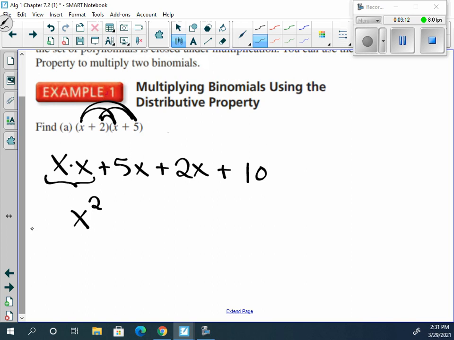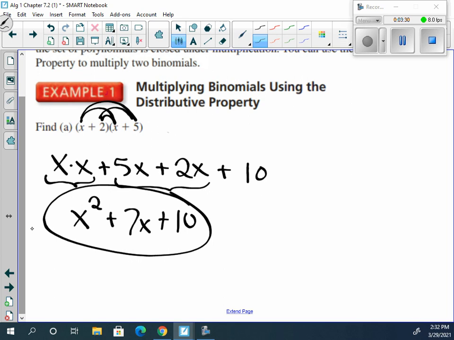So we have that. Now, are there any other like terms? Right, 5x and 2x. They both have x's, yes? So 5x plus 2x would be 7x. And that's it.